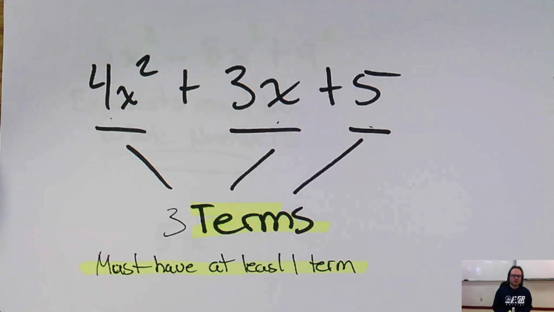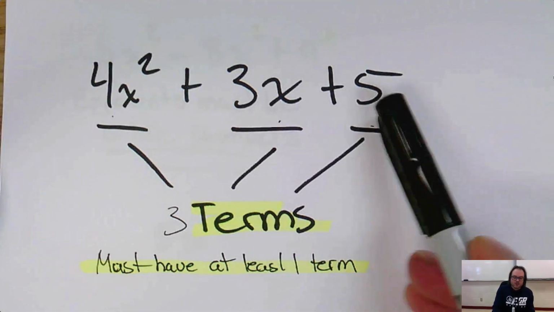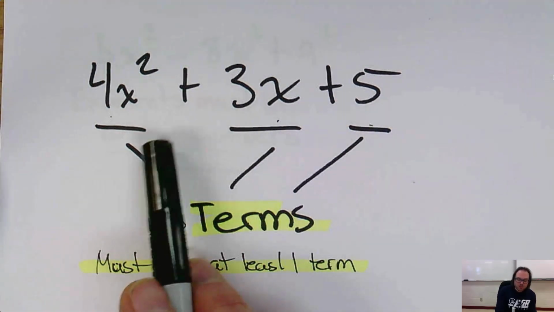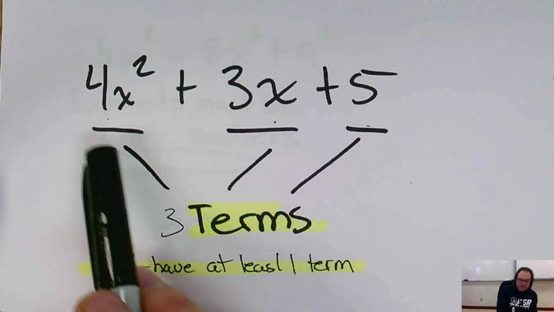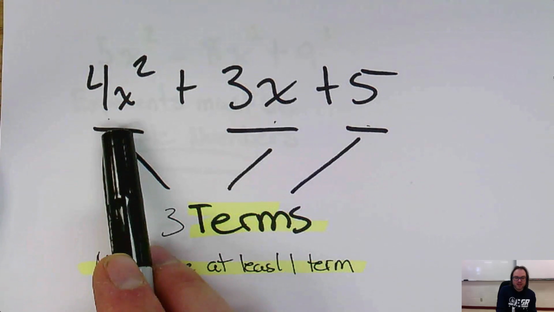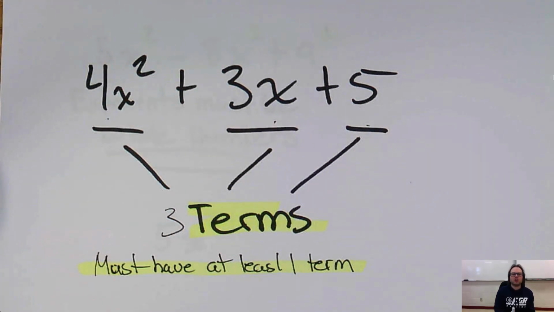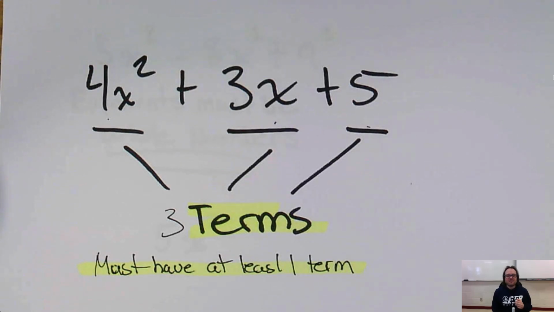Now if I look at this here, this is a polynomial with 3 terms because I have right here 3 different numbers and they're separated by addition signs or subtraction signs. If we notice here, we have 4 multiplied by x squared, but yet this is all considered one term. So multiplication and division do not separate terms or give us new terms. The only thing that gives us new terms is adding and subtracting.